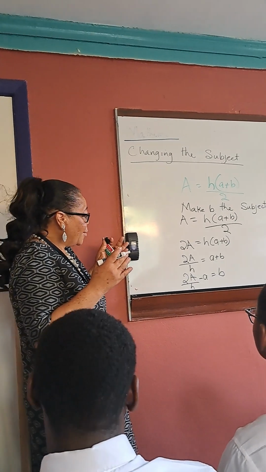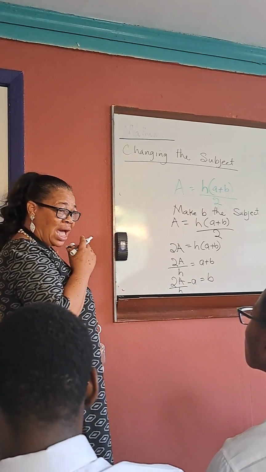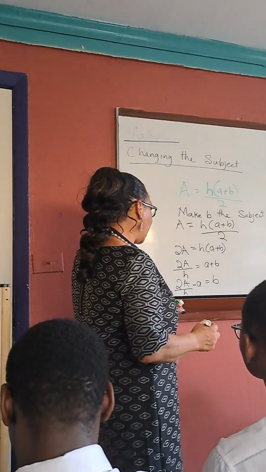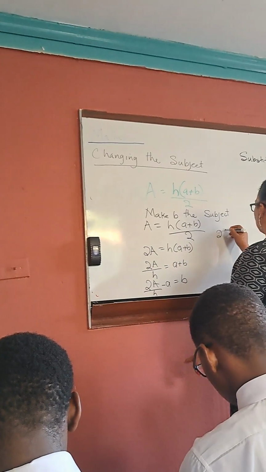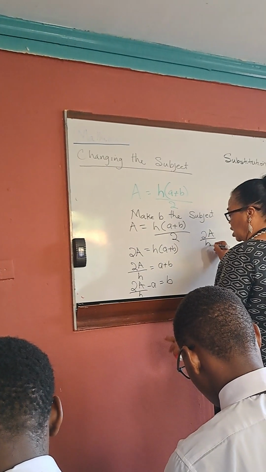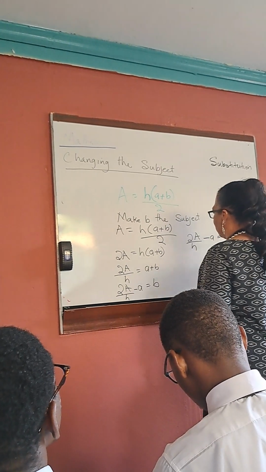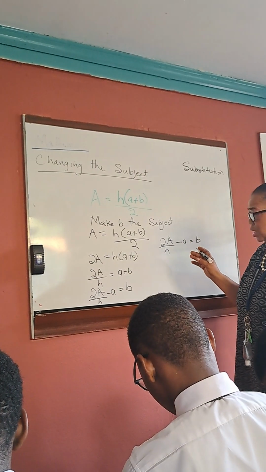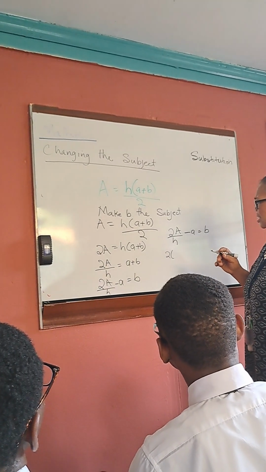Now again, I'm going to test my answer to make sure that I did what was right. The problem here is 2A over H minus A, which should equal B. What did we say A was?